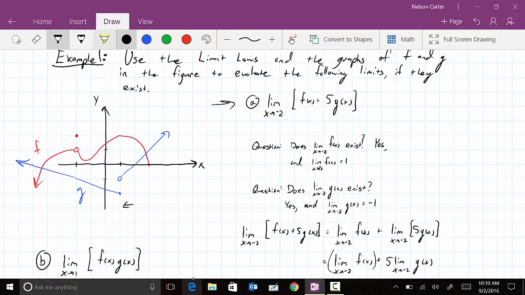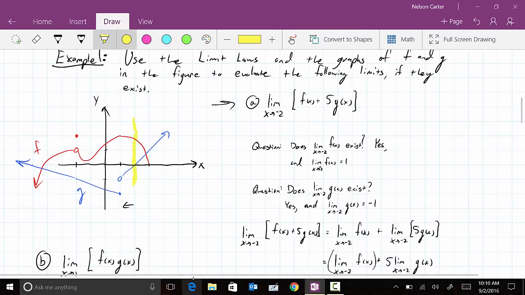When you're approaching 2, so that's here, the denominator function, that g, it's approaching 0. The top function, f, it's approaching a number. It looks like, I don't know, maybe like 1.8 or something. 1.7, 1.8, probably something like that.